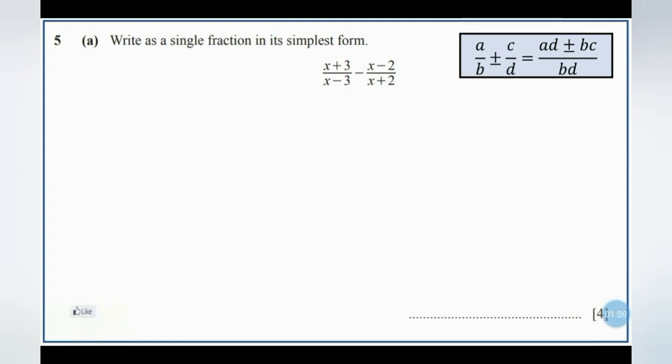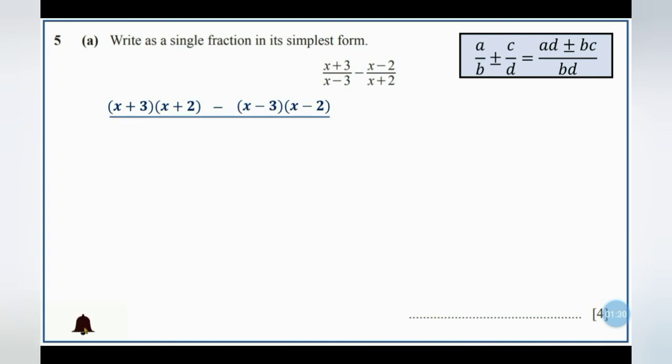I will basically multiply first the left numerator times the right denominator. So it will be x plus 3 times x plus 2. Then since this is minus, I will put a minus sign. I will multiply the left denominator and the upper portion of the right term, which is x minus 2, so x minus 3 times x minus 2.